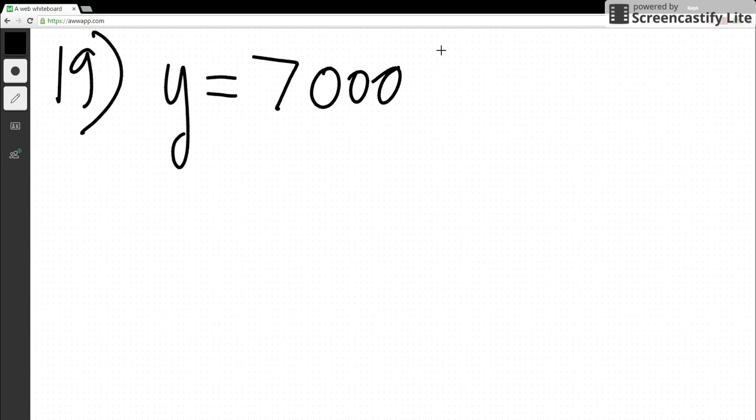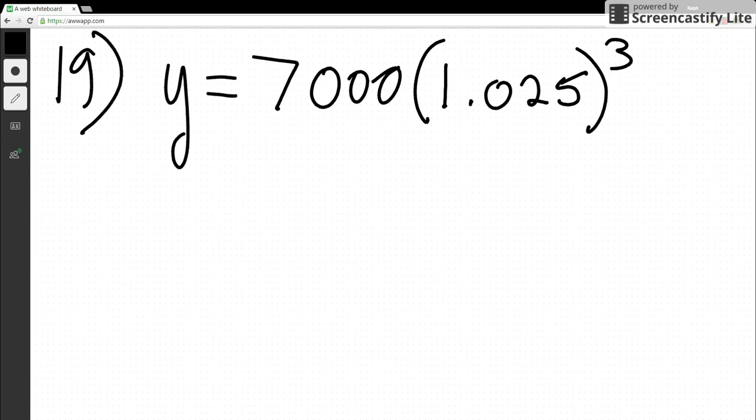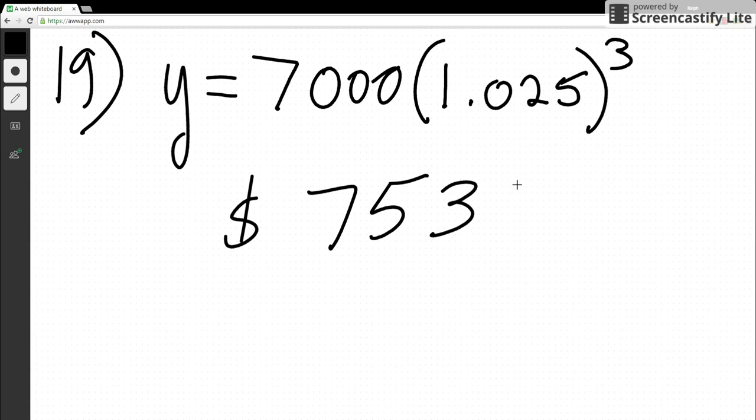This is my initial amount, 7,000. And then remember I have to add a 1 to the interest rate. So it was 2.5%. I had to move the decimal 2 spaces to the left and add a 1. And they want to know after 3 years. So then I plug this into a calculator, and I should get 7,538.23.